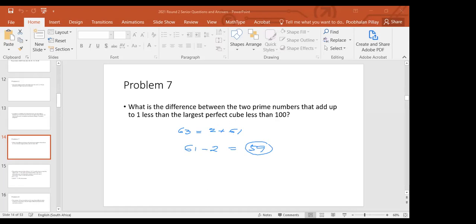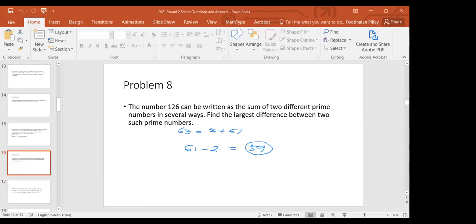Problem number 8 says the number 126 can be written as the sum of two different prime numbers in several ways. Oh, they are still emphasizing this prime number story.